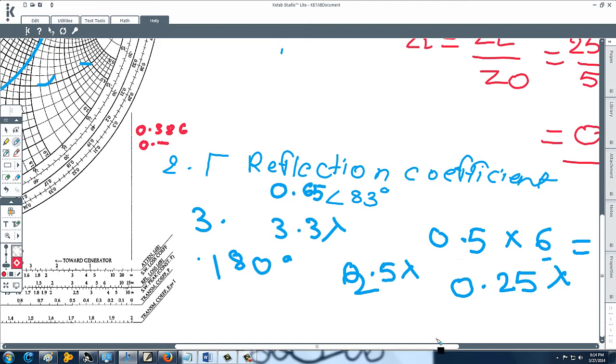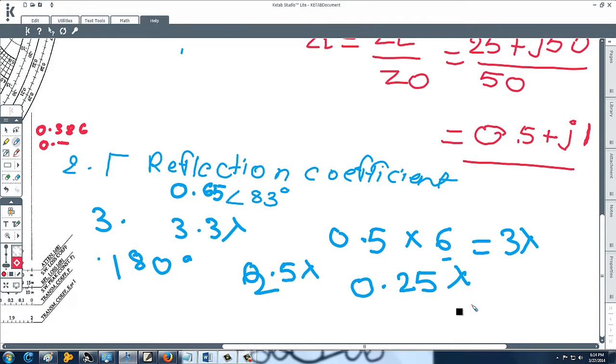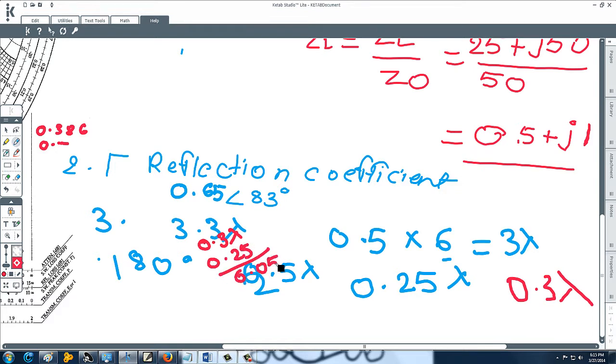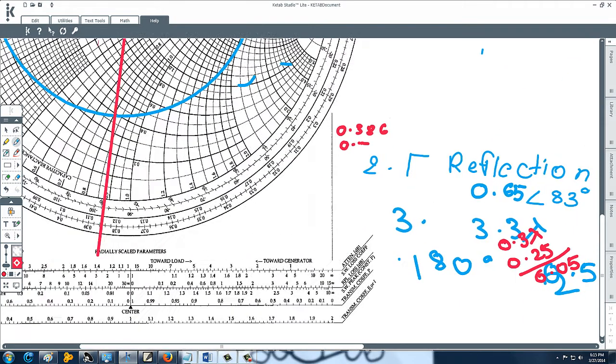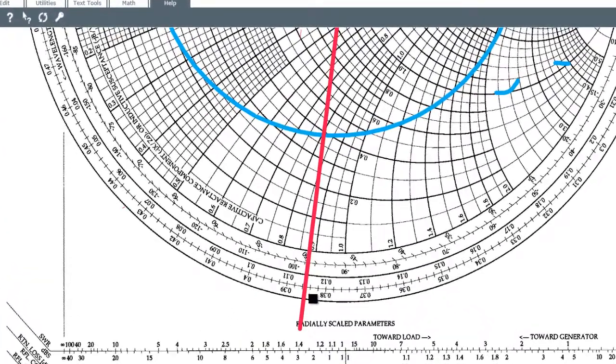We have covered 0.25 lambda, so we have to cover only 0.05, not 0.5, otherwise it will make a mistake.